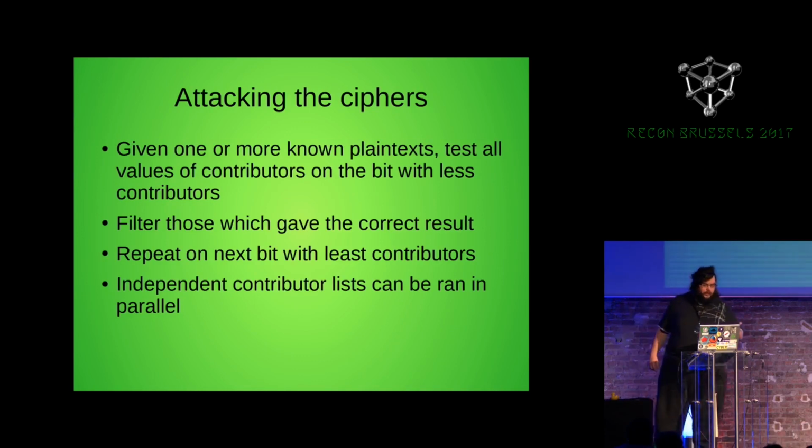If we want to attack the cipher, once we know that there is at least one output bit that has fewer contributors than input bits exist on the cipher, we will just try to brute force the contributors of that single bit and try to filter out which of the combinations of contributors are actually the right ones.